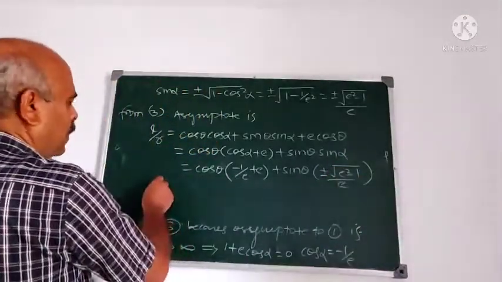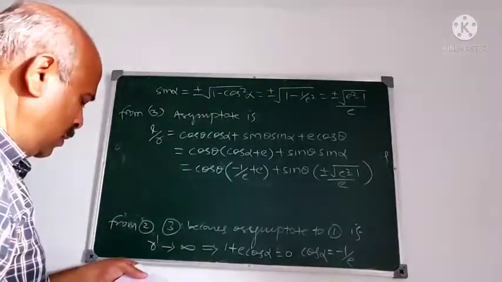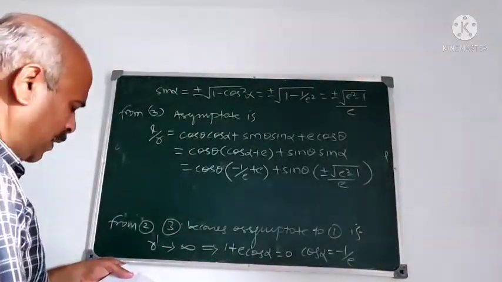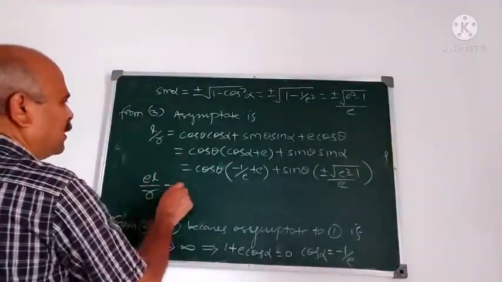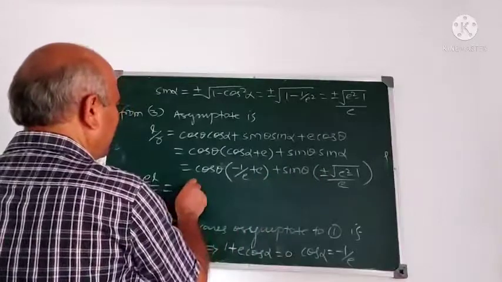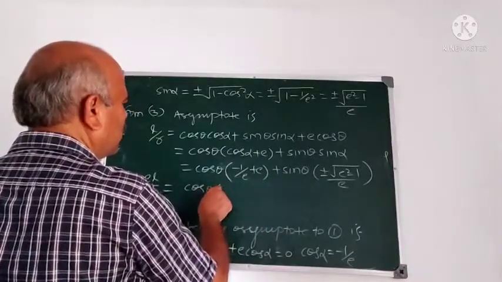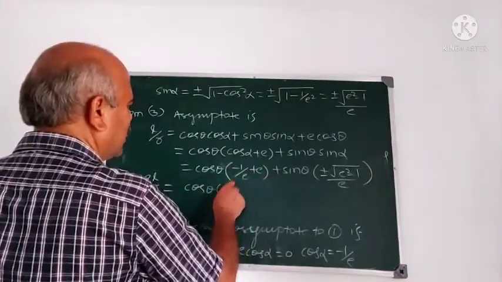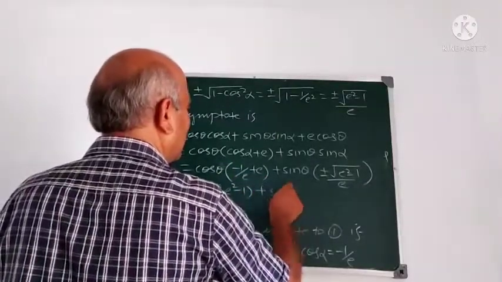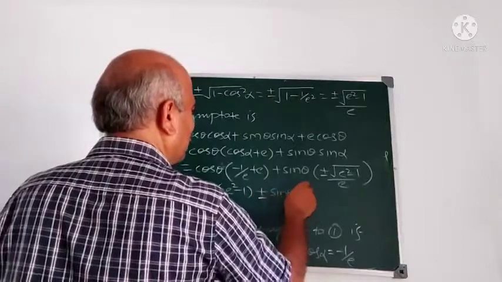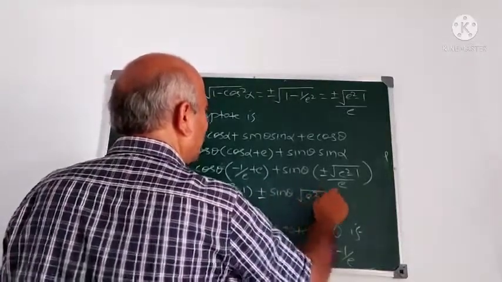Therefore, simplify. How to simplify? E L upon R, multiplied by e, is cos theta into e square minus 1, plus or minus sin theta root e square minus 1.